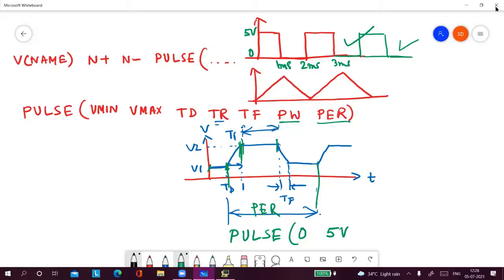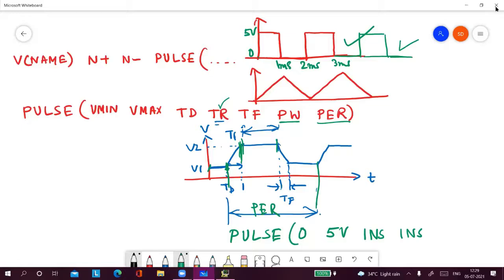So here, instead of 0, you can write 1 nanosecond, which is very small, almost 10 to the power minus 9. Again, what is the rise time? Rise time is also 0, because it rises sharply from 0 to 5. There is no time taken. But here write 1 nanosecond, because practically rise time cannot be 0.